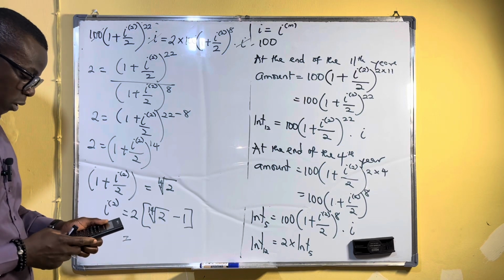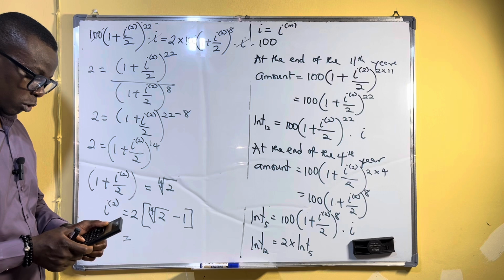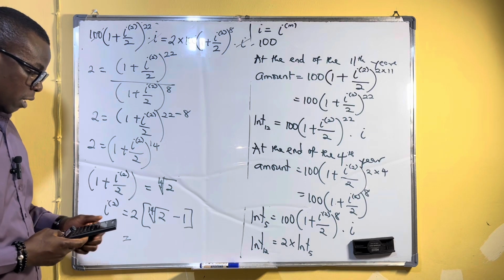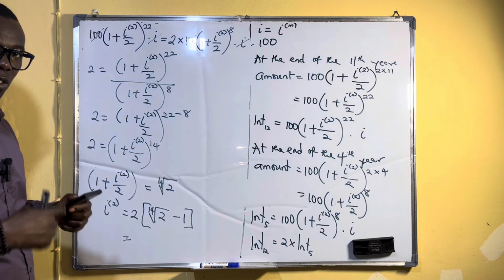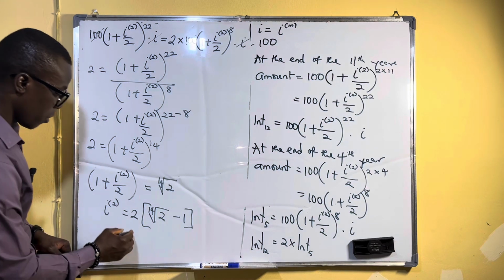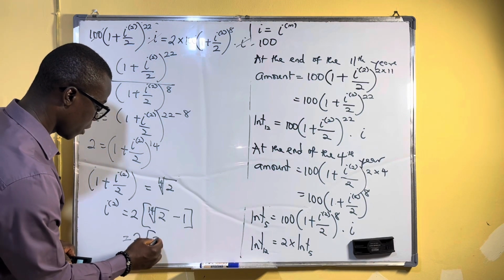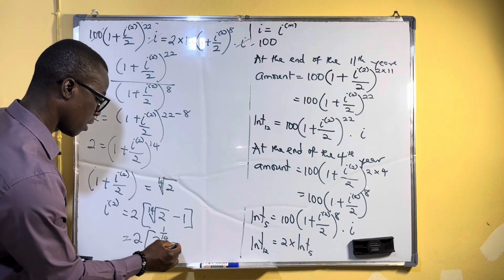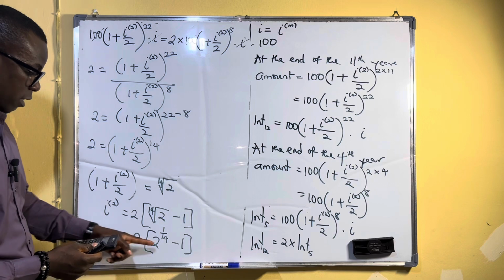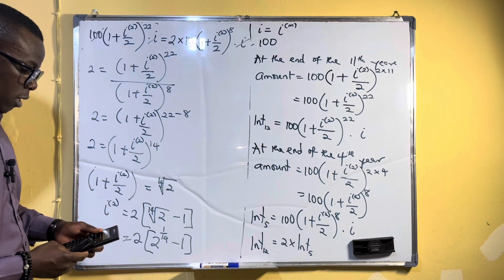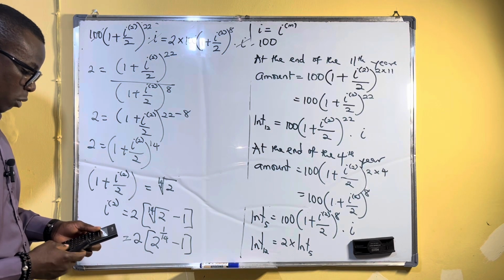So using my calculator quickly, I have 2 raised to the power of 1 over 14, minus 1, and then times 2, based on indices again.